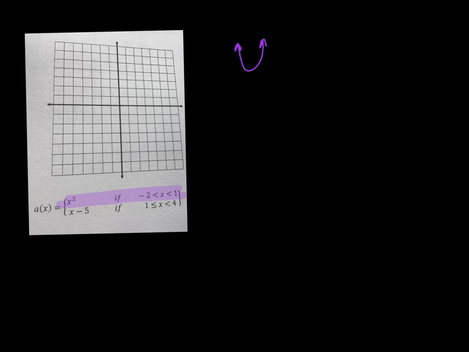Now, what happens though at the endpoints of that domain? What happens when x is -2? And again, we're just going to put 0, 0 in there because I know that's going to be a point on my parabola. And then what happens at 1? Now remember, both of these are open circles.